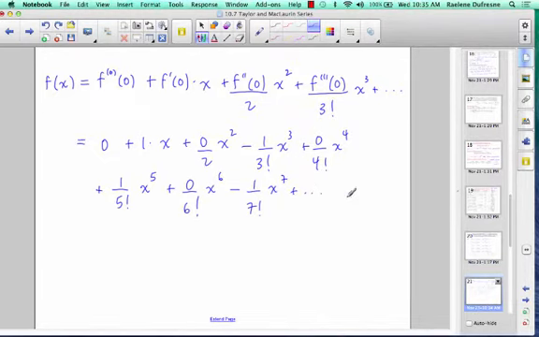So what we want to do before coming up with a pattern here is rewrite the non-zero terms. And so we have x minus x cubed over 3 factorial plus x to the 5 over 5 factorial minus x to the 7 over 7 factorial plus dot dot dot.